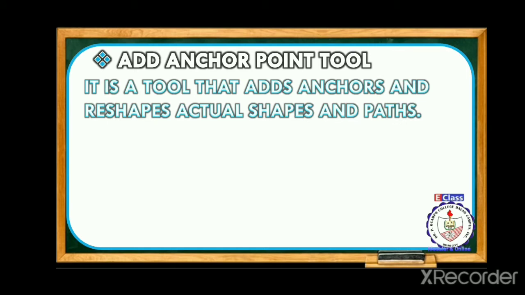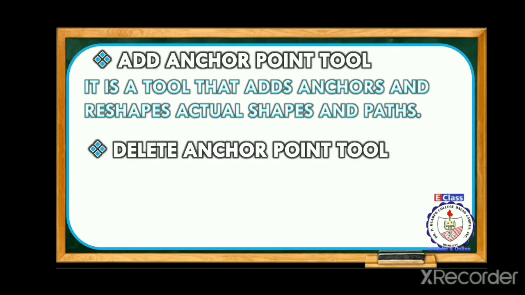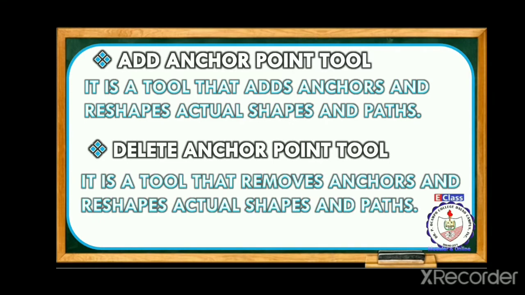The add anchor point tool adds anchors and reshapes actual shapes in the paths. The delete anchor point tool is also the tool that removes anchors and reshapes shapes and paths. Click on the anchor point to remove it from the path.